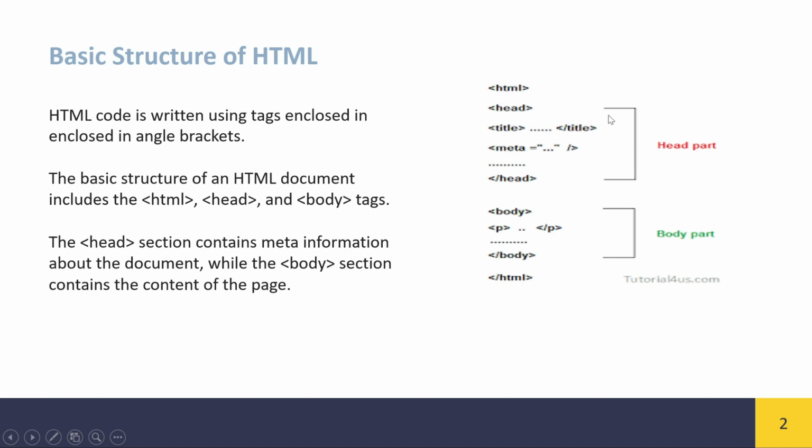See, within this head tag, it is called the head part, and within this body, we will call it the body part. The head section contains meta information about the document, while the body section contains the content of the page. See that in this body tag, we will write the content needed for the web page. Okay.